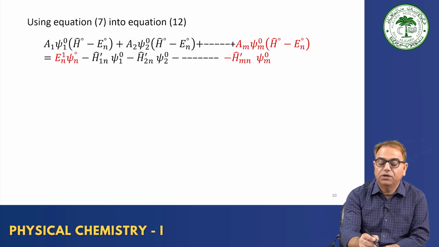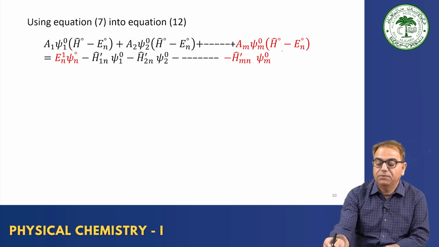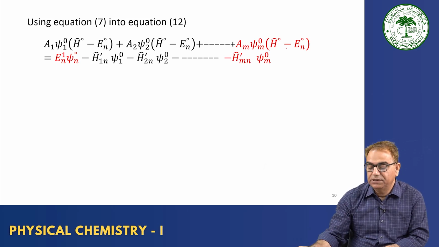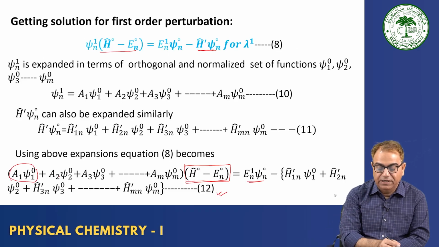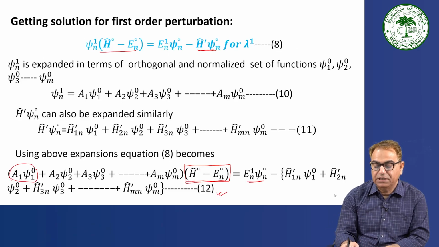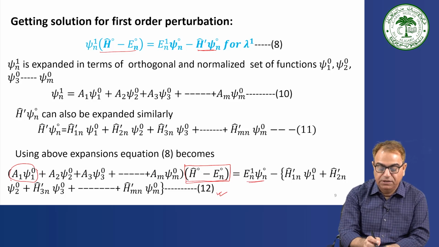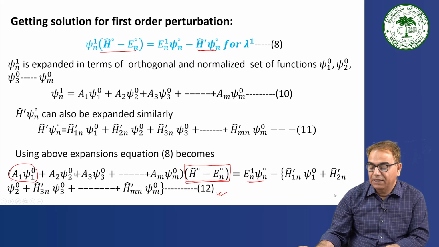Then a2 psi 2 naught, H naught minus En naught, and the same way other terms, and then am psi m naught, H naught minus En naught. So the left hand side is very easy to do. On the left hand side you have one expansion, another is H naught psi n naught, En naught. This term remains the same, and you could multiply with 1, 2, 3 and so on, but I have limited the terms, so this gives you this.